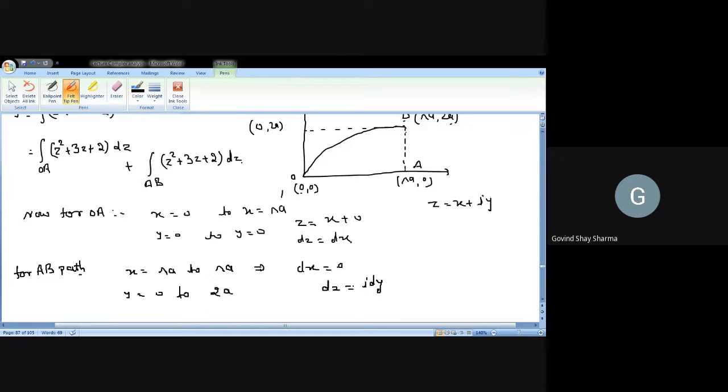Now we put the values in the integration.